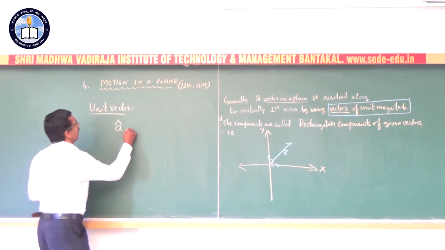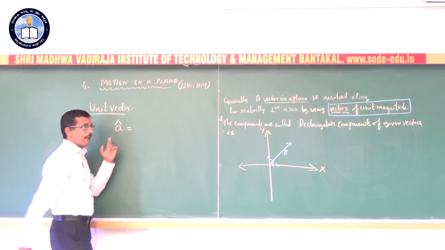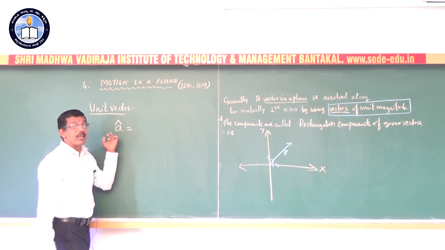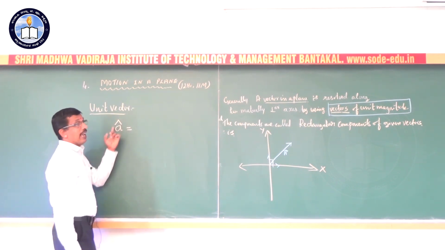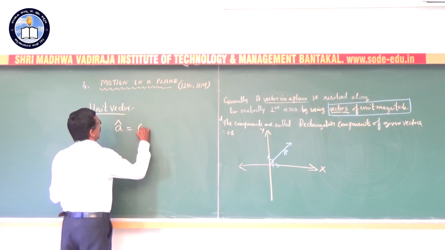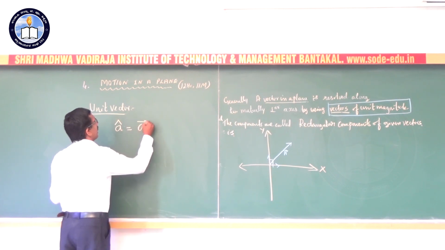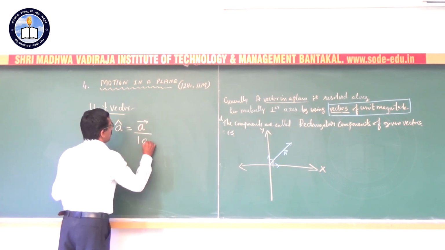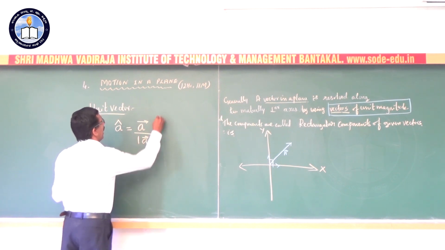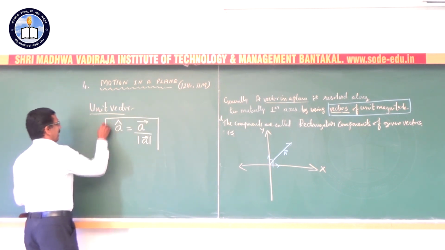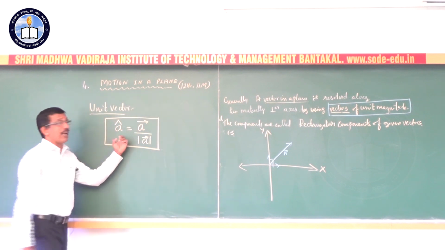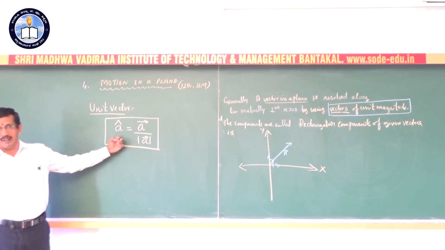The mathematical form of unit vector is very simple. A cap is nothing but vector A divided by its magnitude. This is the mathematical form of unit vector.